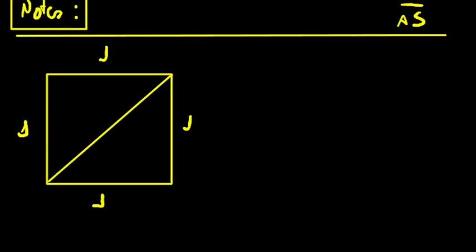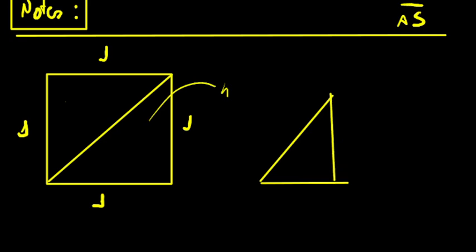We get a square with side 1, with the diagonal that forms two right triangles, one here, two, and so we get one triangle here with sides 1, 1, and we can call the diagonal x.